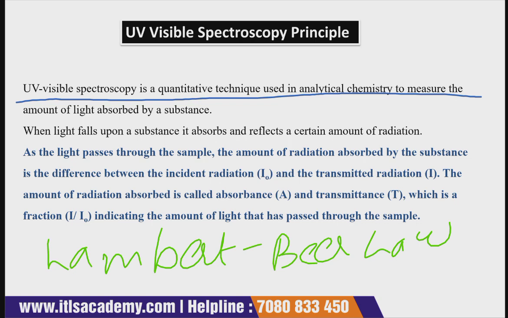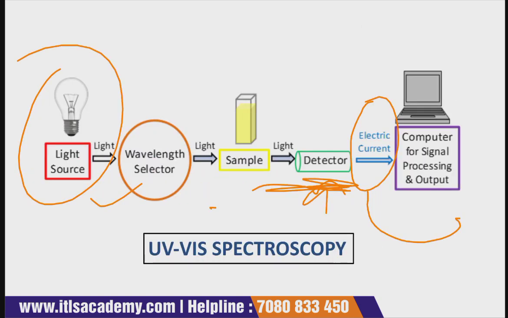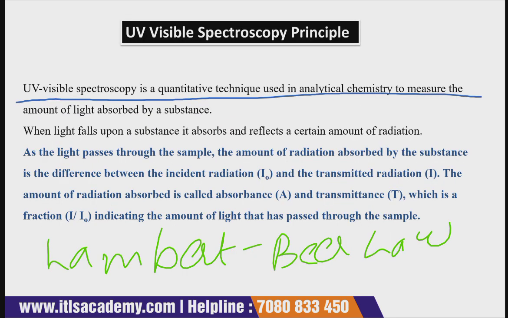As the light passes through the sample, some amount it will absorb, some amount it will reflect. So the amount of radiation that is absorbed by the substance is the difference between the incident radiation and the transmitted radiation.